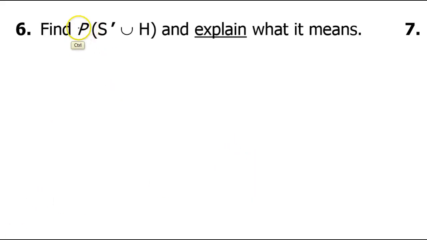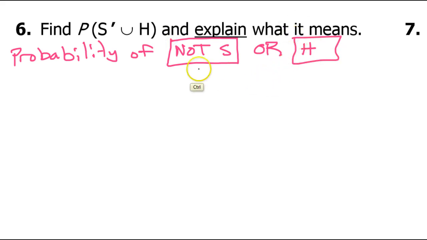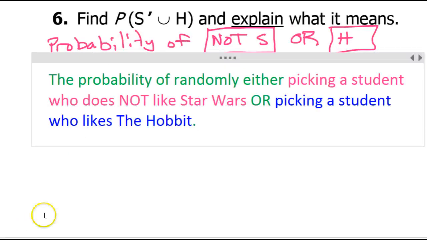So for number 6, we have the probability of not S or H. So first I'm going to write that down. Okay, so we want the probability of not S or H. This is a little tricky to put into words.